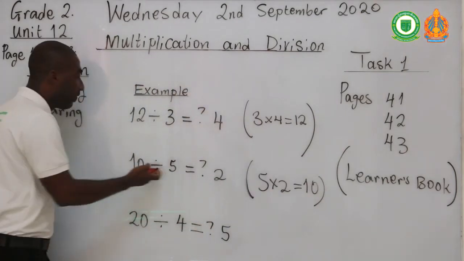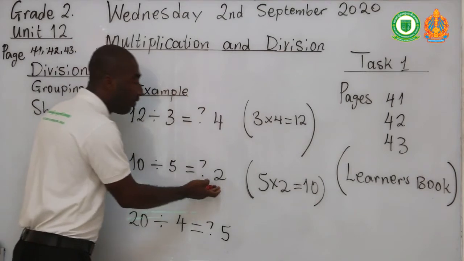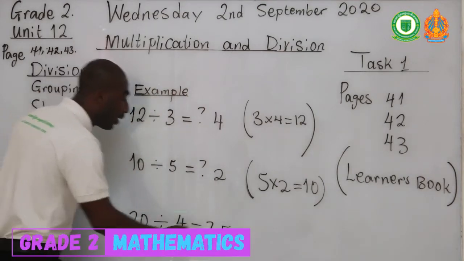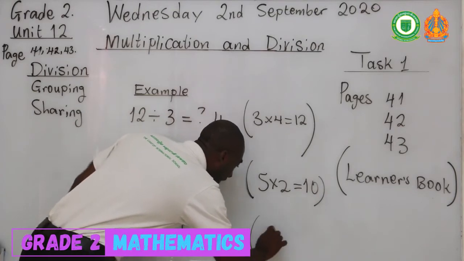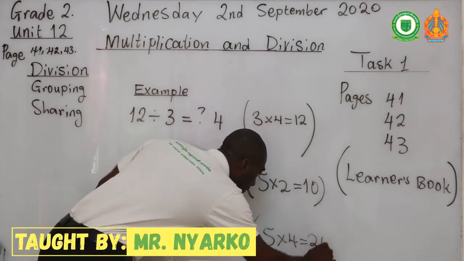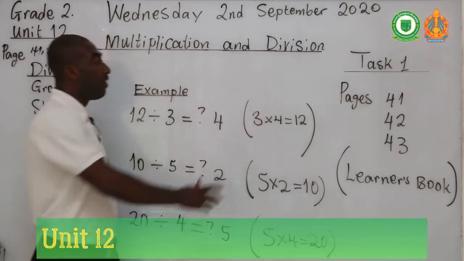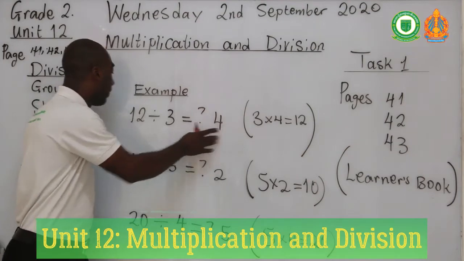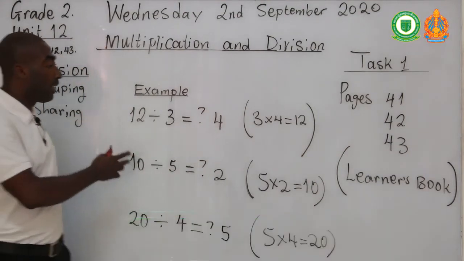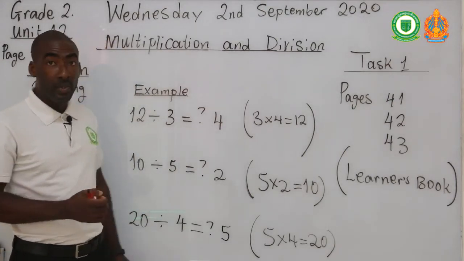That means 10 divided by 5 is going to give you 2 as your answer, okay? 20 the same way, it means when you multiply 5 by 4, it's going to give you 20. So you can either use the inverse to find your answer, or you can use grouping and sharing to find your answer for a division equation, okay?